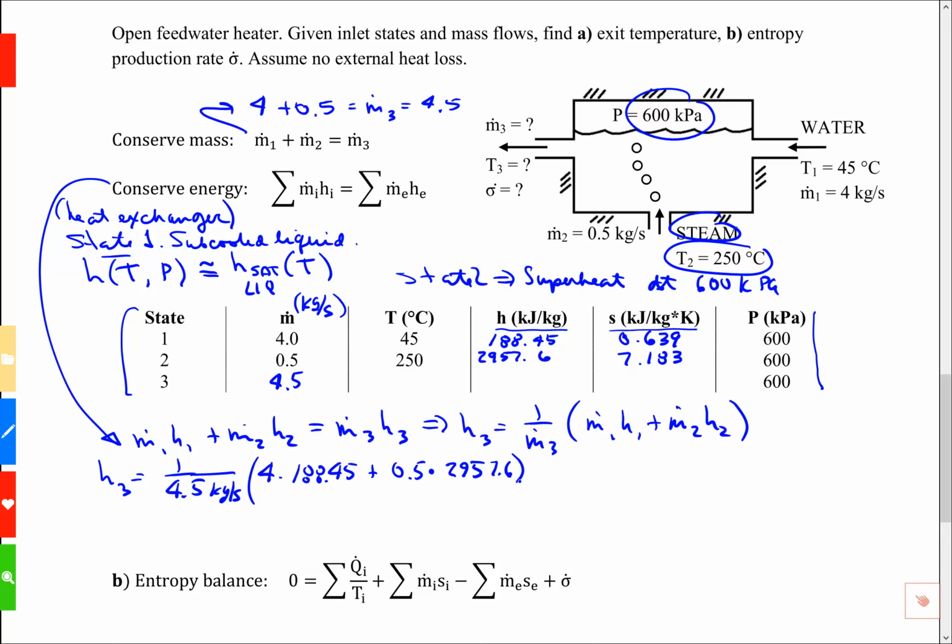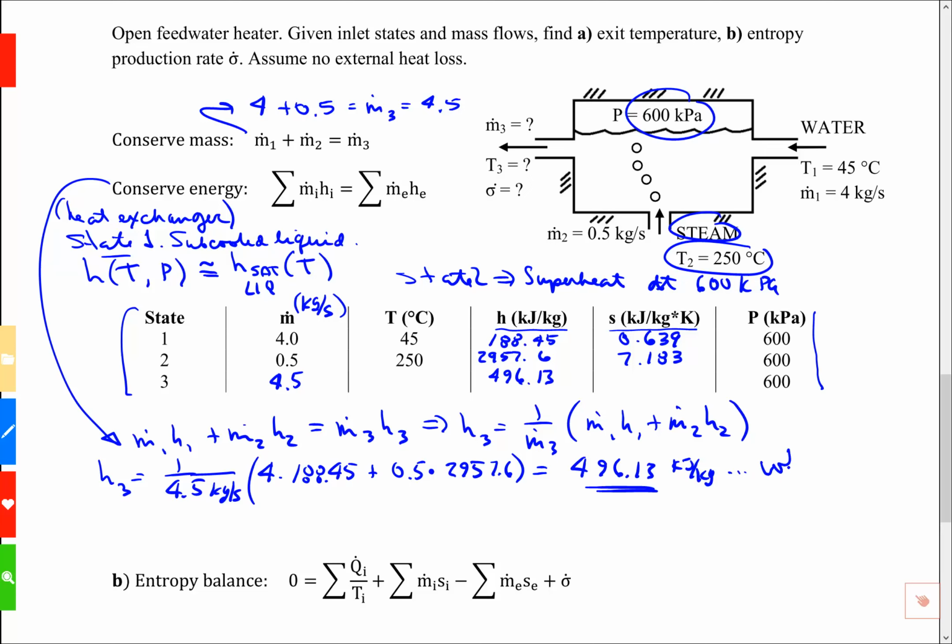And the units on mass flow drop out. We get back the units of H. So when I crunch H3, I get 496.13 kilojoules per kilogram. In fact, I could write that in here, 496.13. So that's H. I can find the temperature if I can go to an appropriate table.